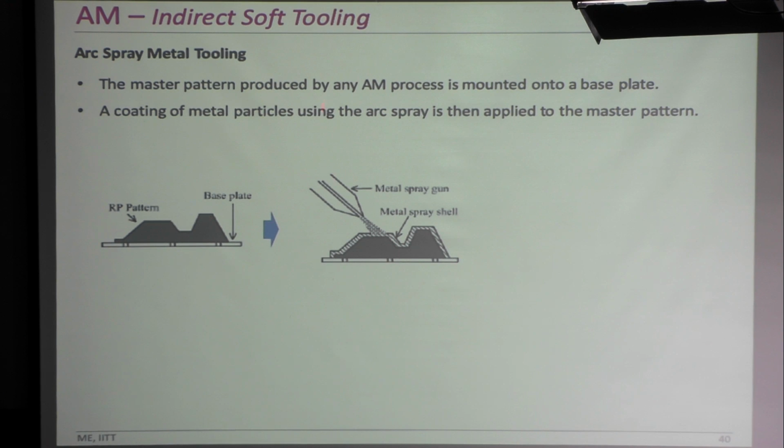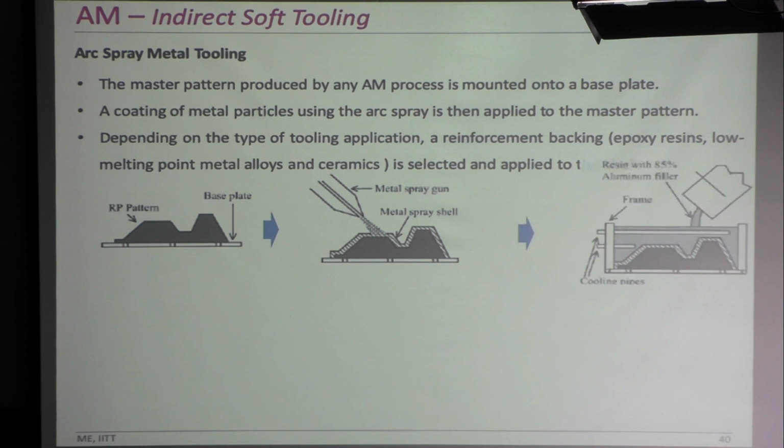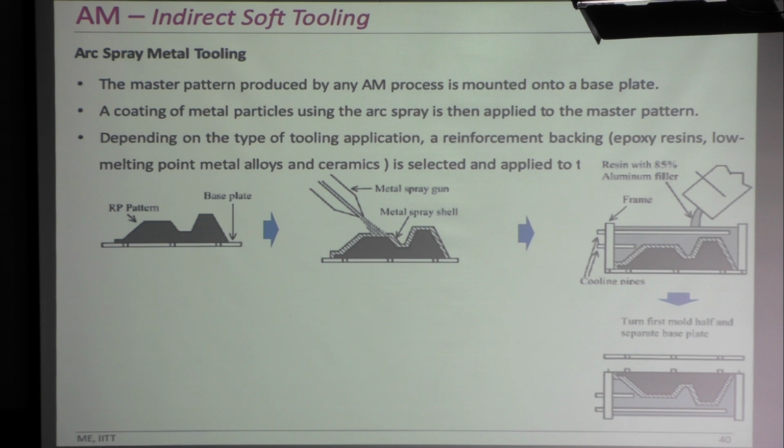Then you place it inside a container and fill the container with the appropriate backing material. The backing material could be epoxy resins, low melting point metal alloys, or ceramics. You reverse it, take out the base plate, and keep the other half of the master pattern.